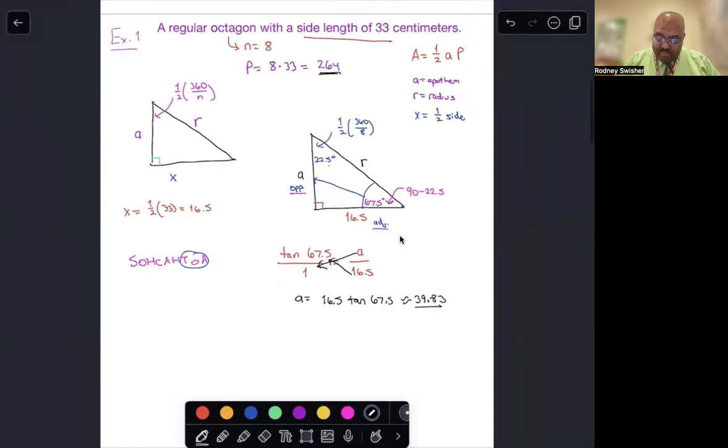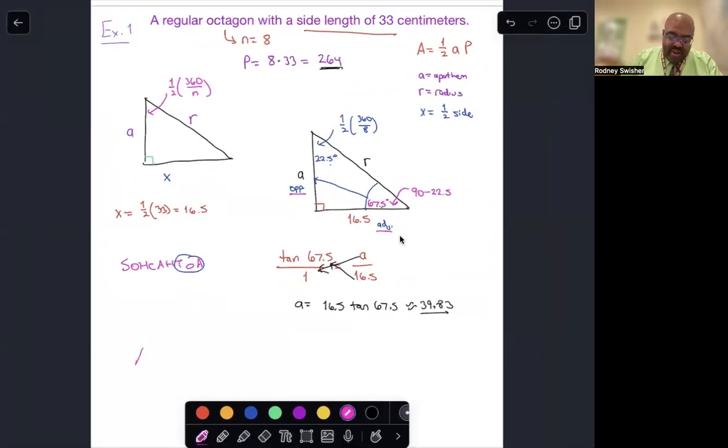So all we got to do is write area equals 1/2 times the apothem times the perimeter. That's the formula. And so that means that we can write area is approximately 1/2 times the apothem, which is 39.83, and times it by the perimeter, which is 264.